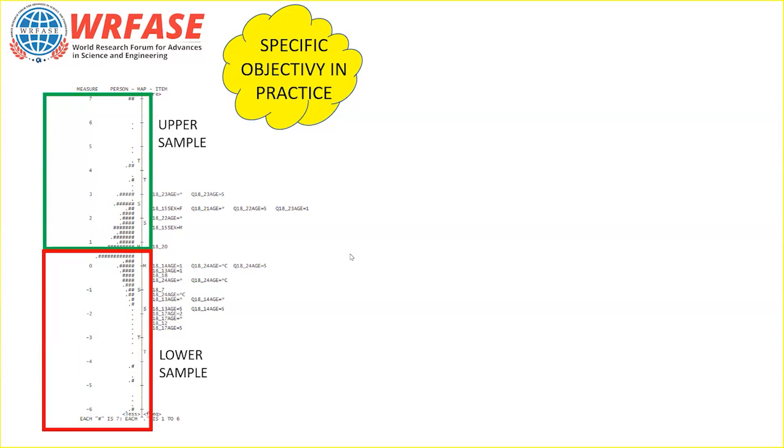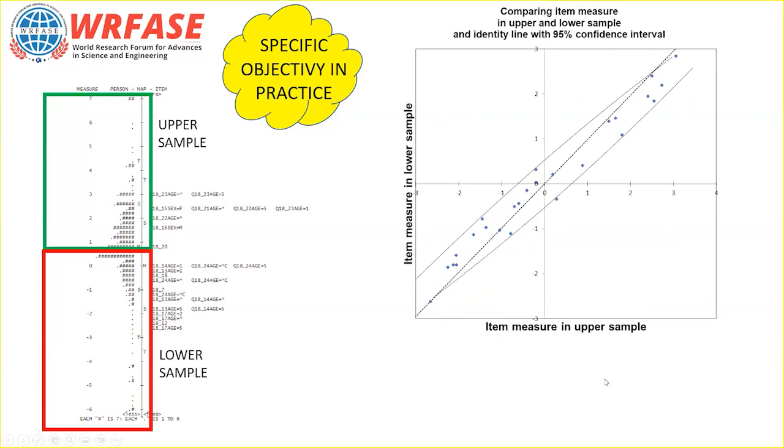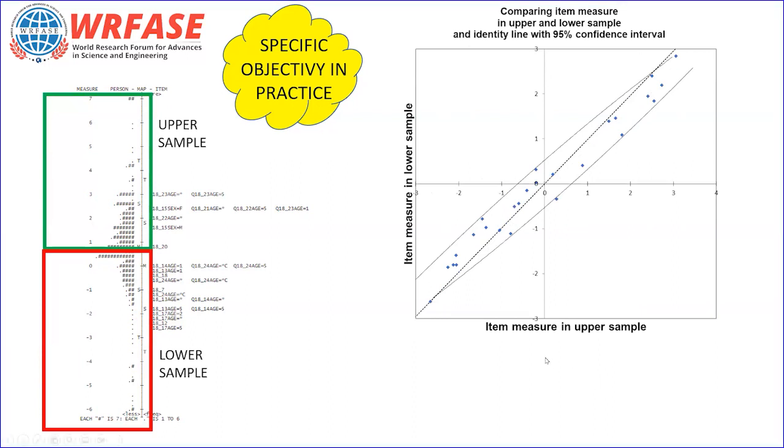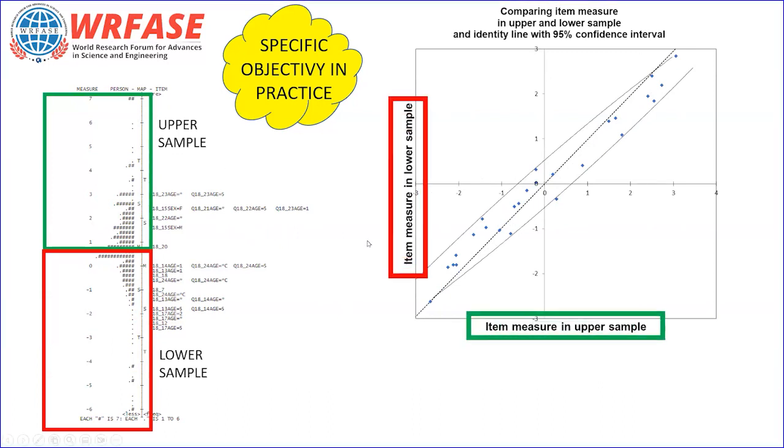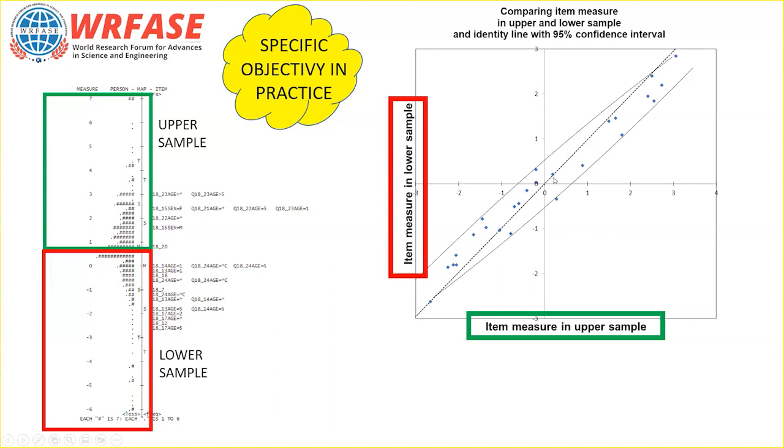Okay, now these are the estimates of the difficulty of the items, measured with the upper sample and measured with the lower sample. And this is the 45-degree straight line.